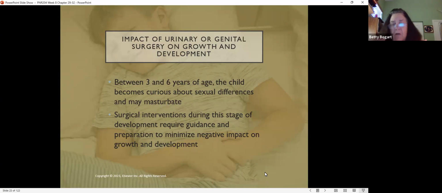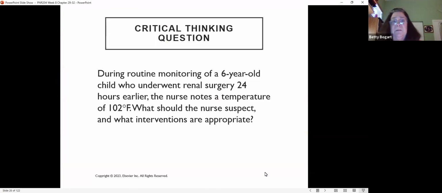So they're aware of what they look like now. So surgery during this part of development really needs good preparation, really needs that child to understand what they're doing, how they're doing, and that they're not going to take anything off that shouldn't be there because they're scared and they didn't even know to express that to you.